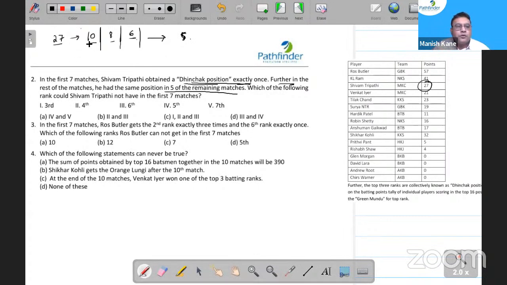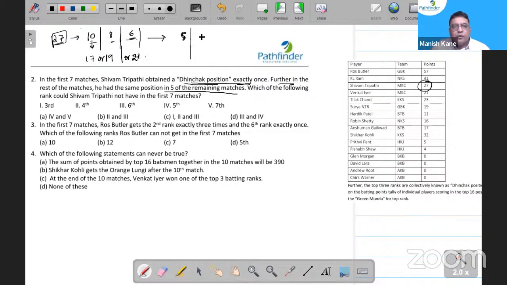So suppose he scored 10 points in one match. He has scored 27 overall, so the balance must be 27 minus 10, that is 17. Or if he scored 8 points in one match, the balance could have been 27 minus 8, that is 19. Or if he had the third rank in one of the matches, his balance score would have been 21.